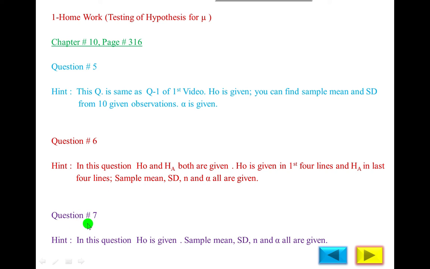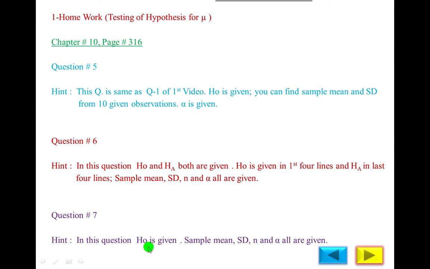Next question, question number 7. In this question, H0 is given, same as question number 5 or question number 1 of the previous video. H0 is given, sample mean, standard deviation, N and alpha, all are given. Alternate is not given. Alternate is a parallel setup of the null hypothesis.